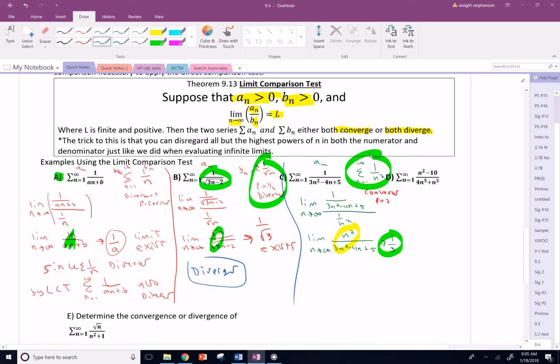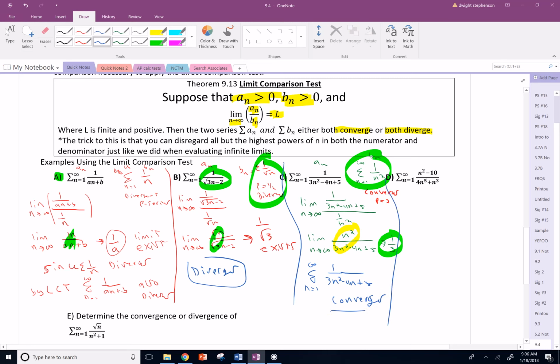That means that our series also converges. To what? We don't know. That's a different question for a different day. We don't know what it converges to yet, but we know it converges.